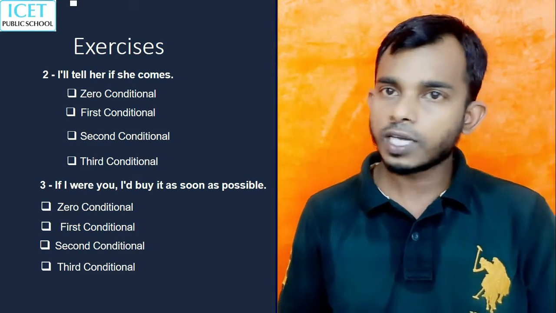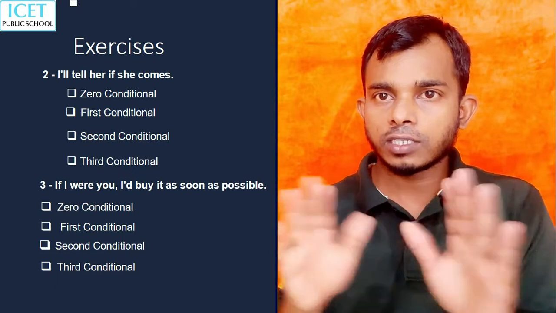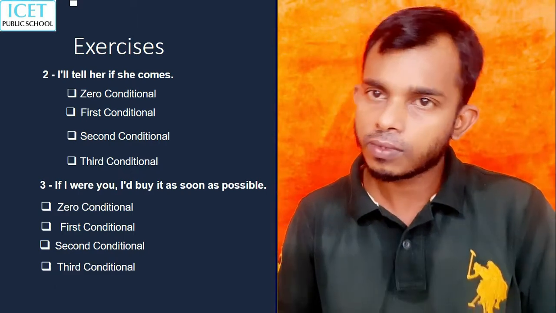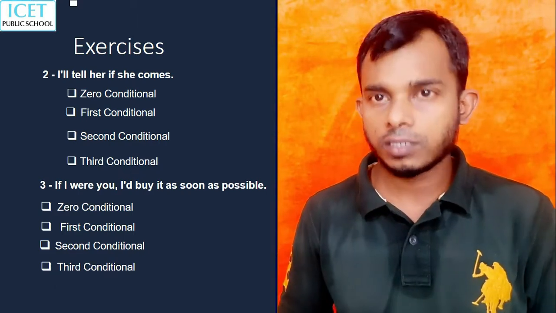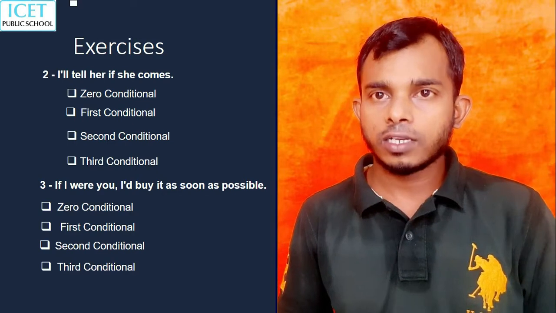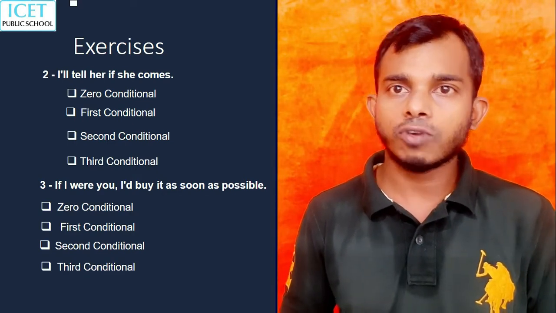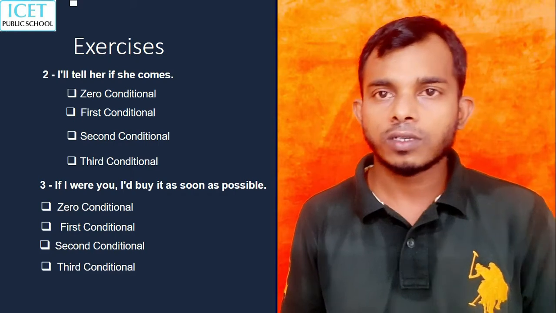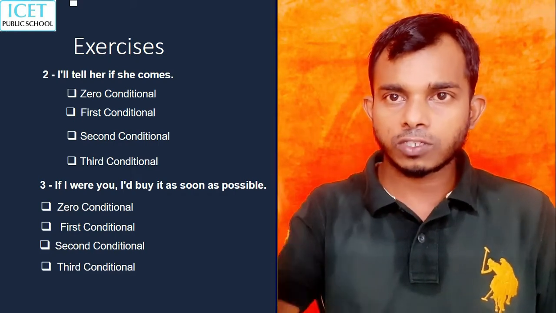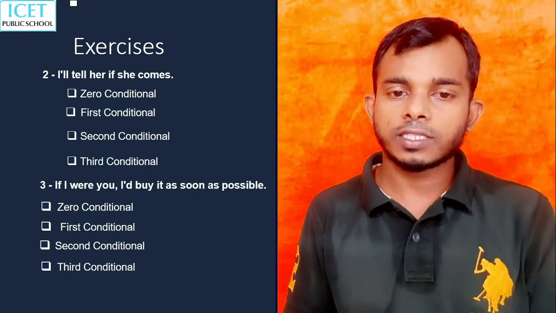It is not necessary to start the sentence with if. It can come as the second clause also. If the if clause is at the beginning, you have to put a comma when the first clause finishes, as in the example you saw.